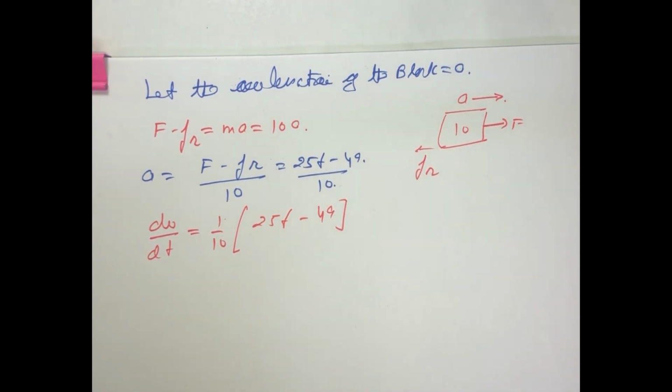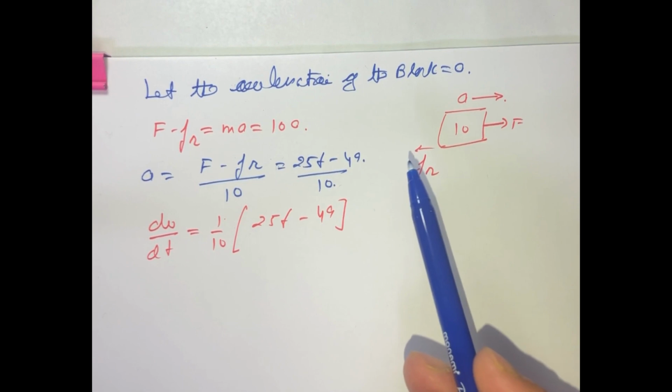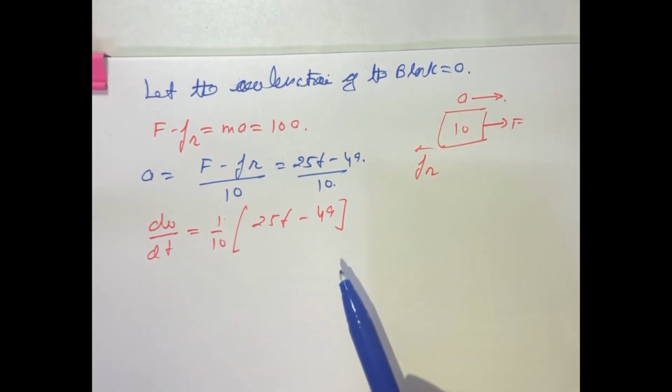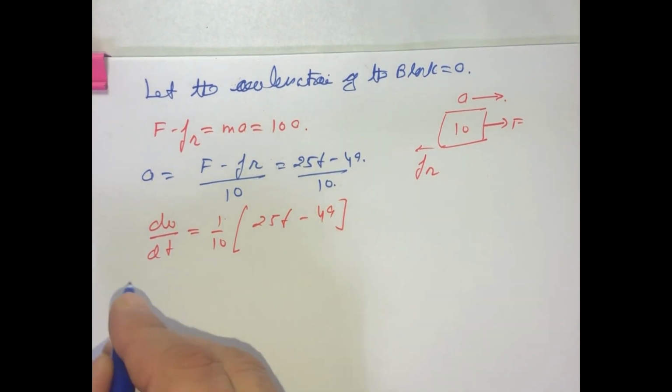Now let us suppose that at t equal to 4 seconds, the velocity is given as Vmax.